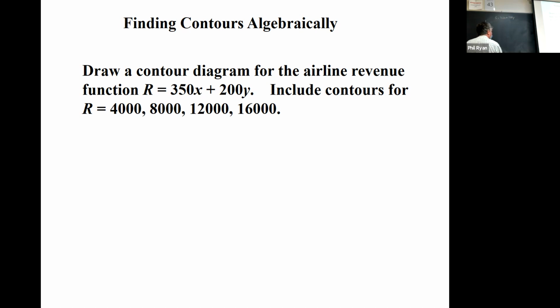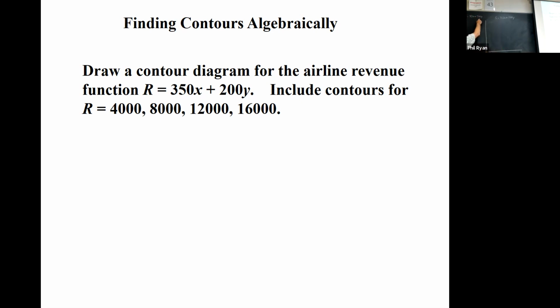Let's say we want to go about creating a contour map. How do we do that? Well, we actually write down the contours. So when R equals 4,000, you see that's just a normal xy equation, right? We know it's a straight line.